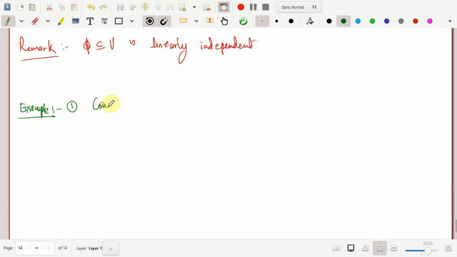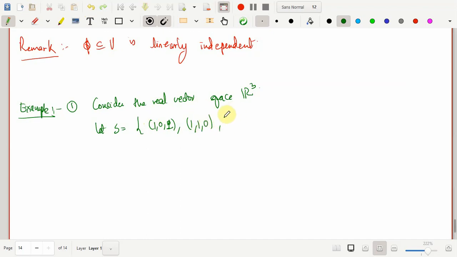So consider the real vector space R3. This is a standard one, and let S be the set consisting of the vector (1, 0, 1), the vector (1, 1, 0), and the last vector, I'll call it (0, 1, 1).